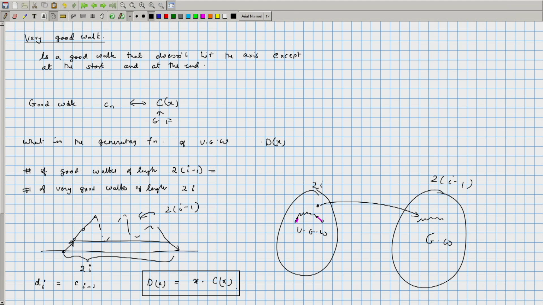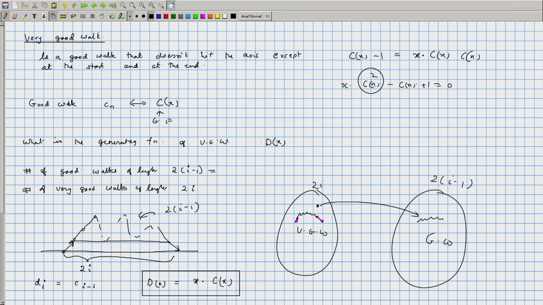So, from this we can write Cx minus 1, because the split works only for walks of length greater than or equal to 1, and this is going to be equal to x times Cx times Cx. Okay. So, we can rewrite this as x times Cx square minus Cx plus 1 equals 0.